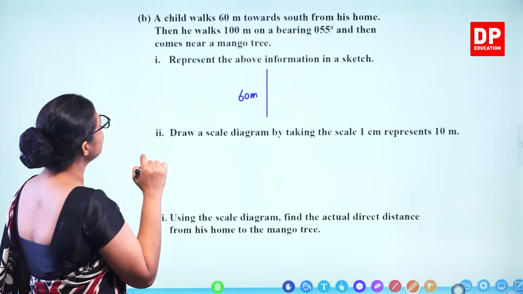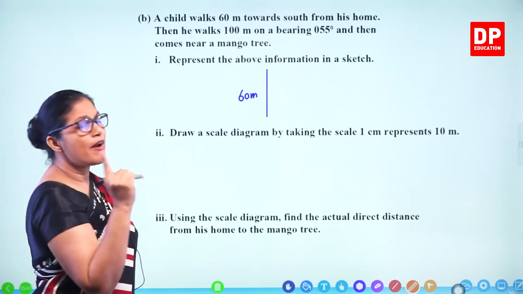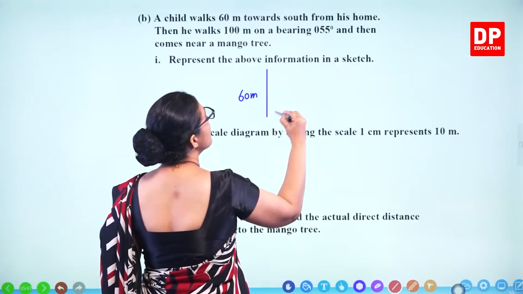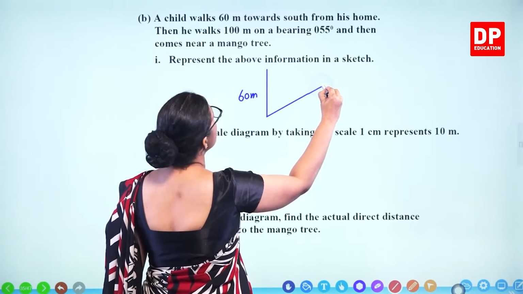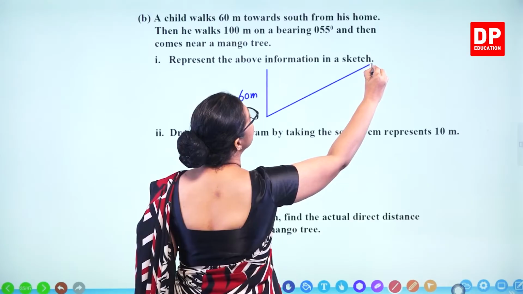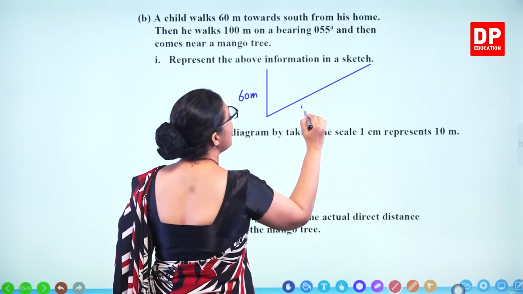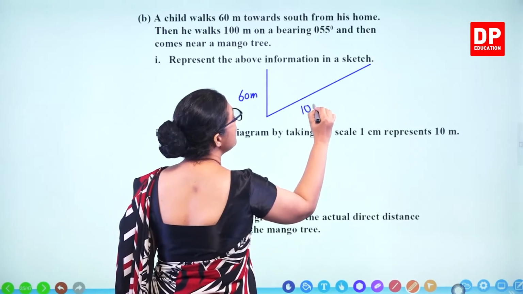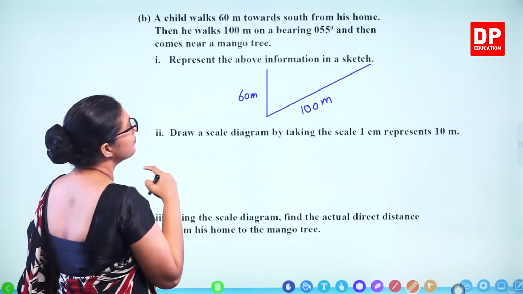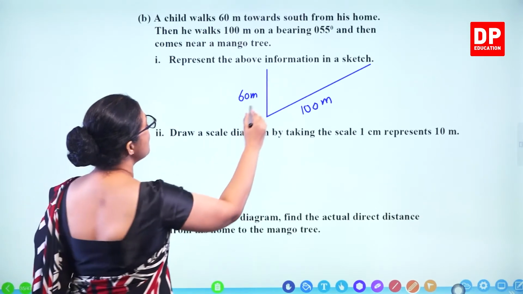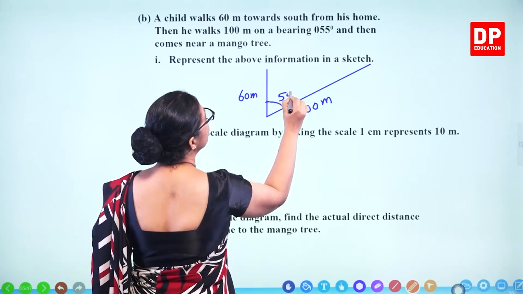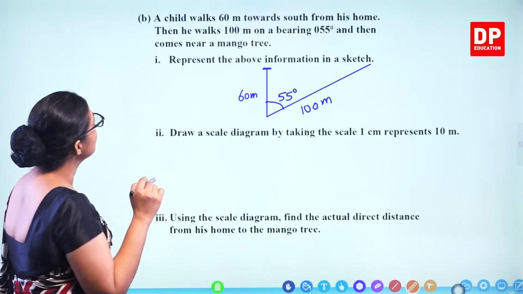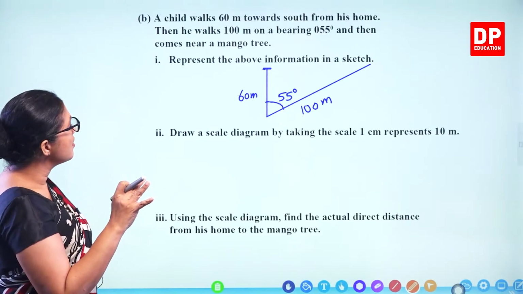And then 100 meters on a bearing of 55. So, 55 from north. Somewhere here, that's 100 meters. Now, this is 55 given. So, this is the starting point. So, this is the sketch.